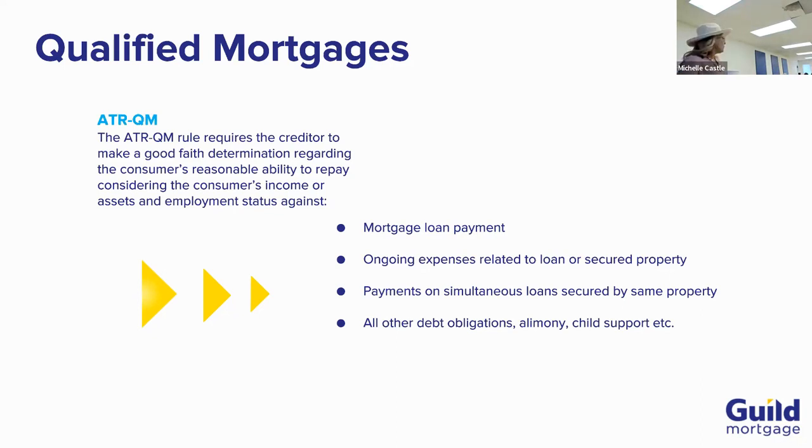Those non-QM loans would be like that bank statement loan and the DSCR loans and the stated income loans that we are starting to see some of. Or USDA is non-conforming, but it's still QM. For those of you guys that are curious, USDA guidelines are pretty much the same as FHA.